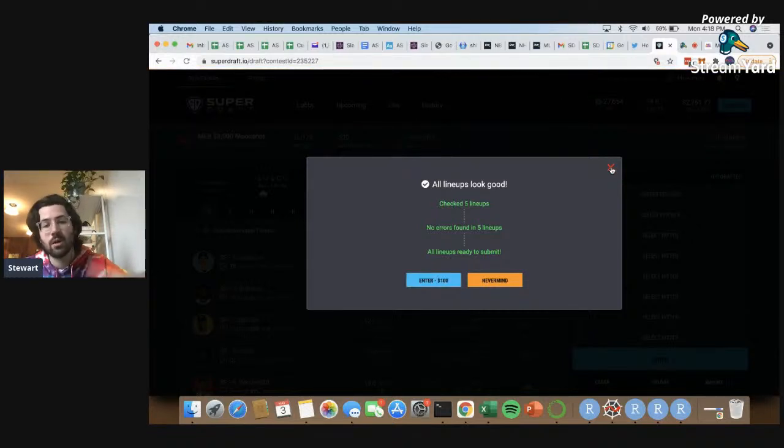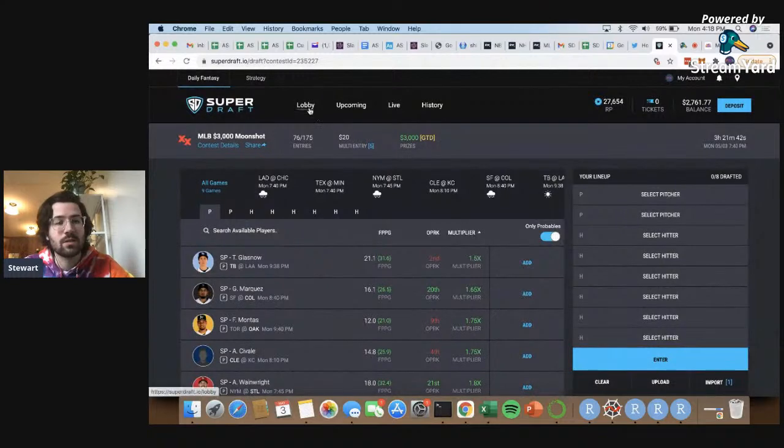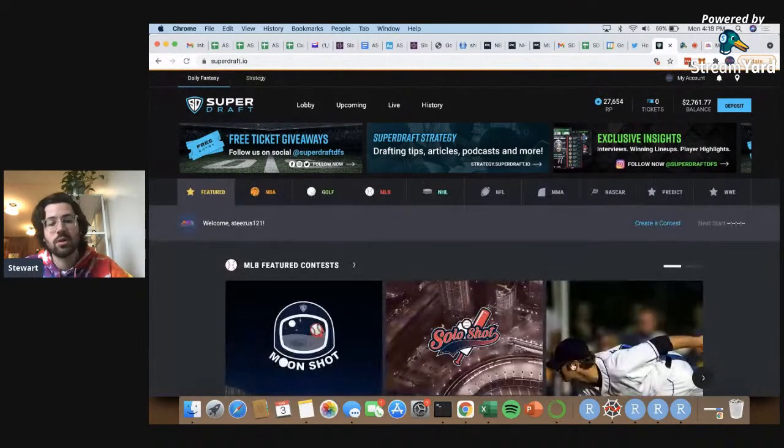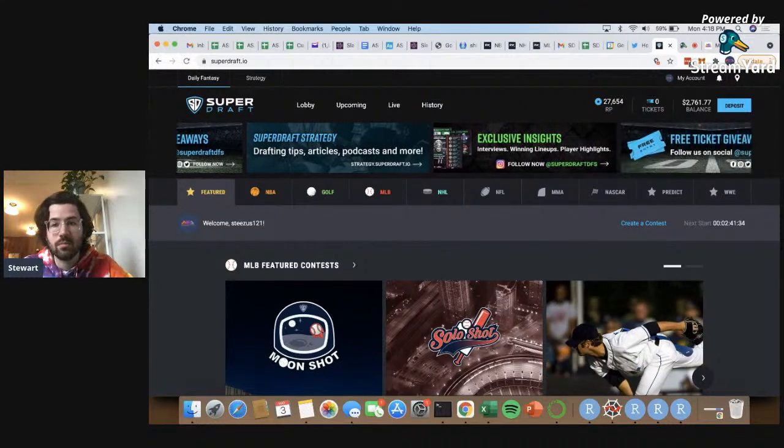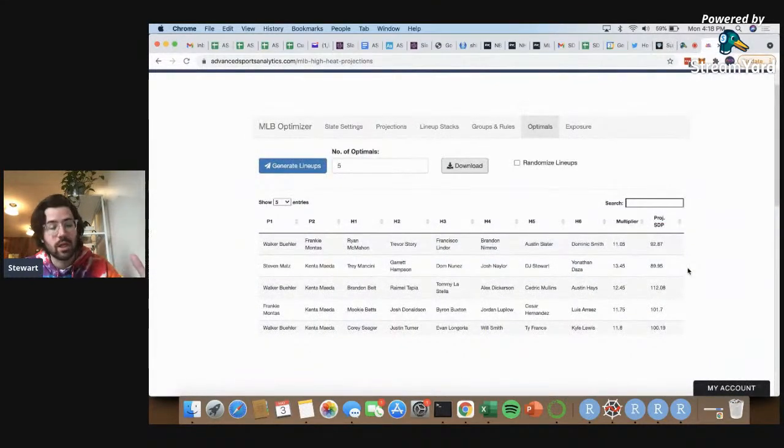Or if you have upcoming lineups that you want to edit in CSV format, you can download your upcoming lineup CSV, and build the lineups that you want. You can reserve your seats in a contest, build the lineups you want, paste them into the upload CSV or lineup edit CSV, and then upload those right back into SuperDraft.